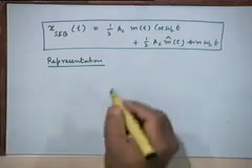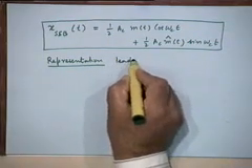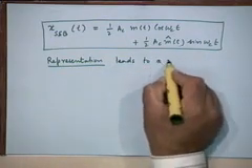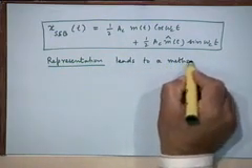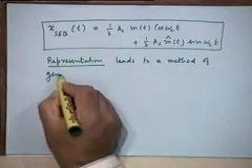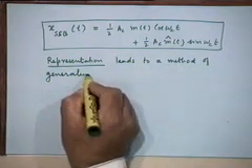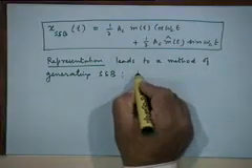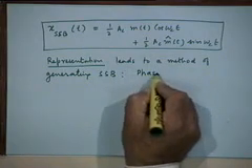This representation leads to a second method of generating SSB waveforms. Right? That's called the phasing method.